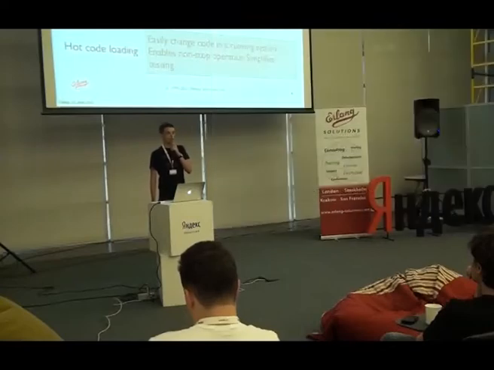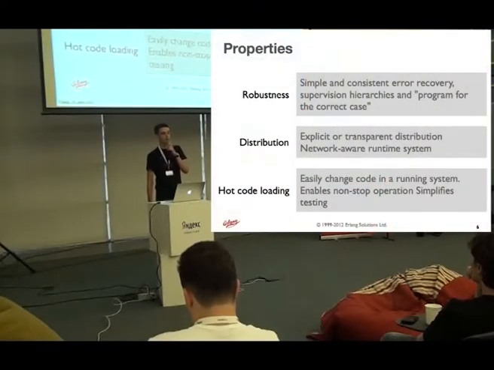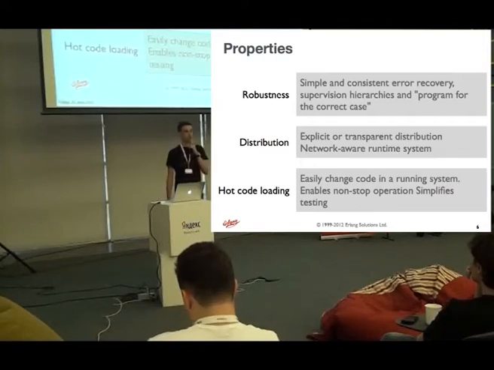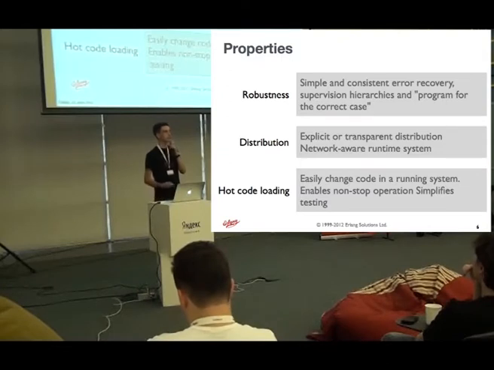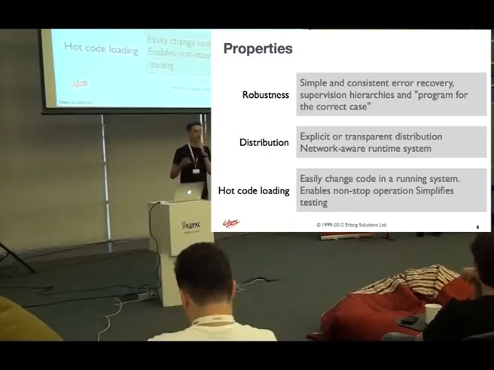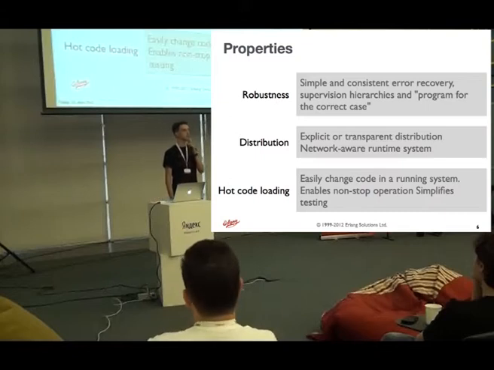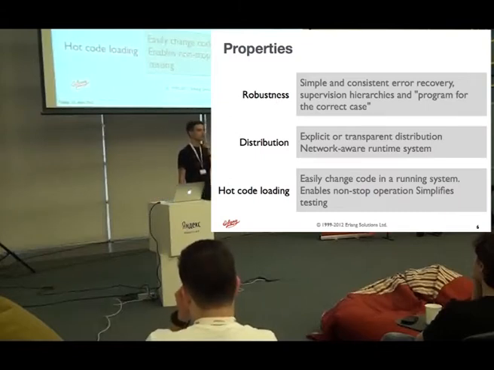It's robust because it has a very interesting approach to consistent error recovery. I will not go into details of all this in my slide because we don't have enough time to discuss this. But here I just want to highlight some of the interesting features which actually add up to a platform on top of which interesting systems and solutions are built.